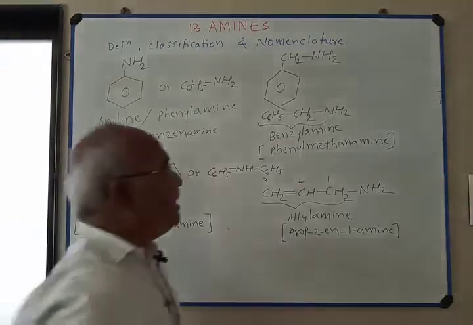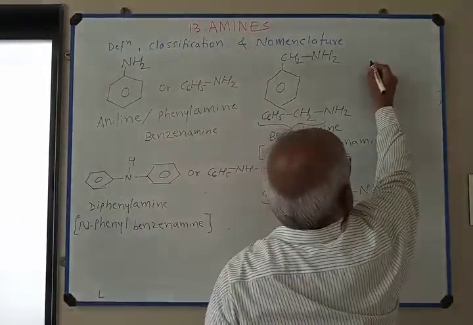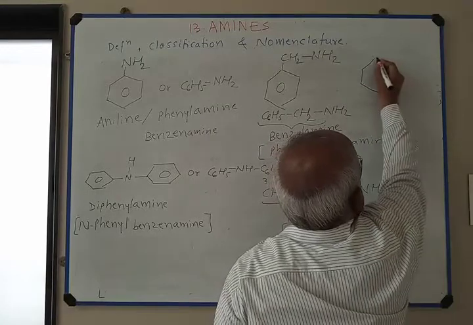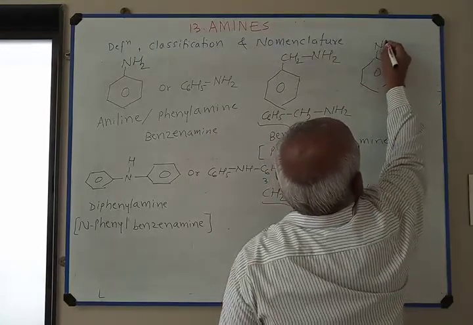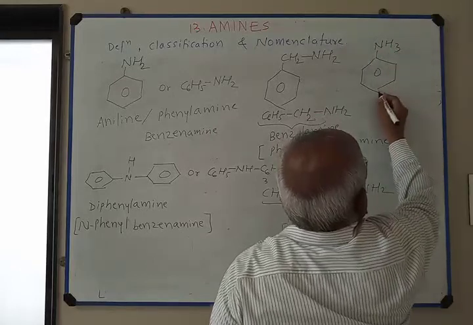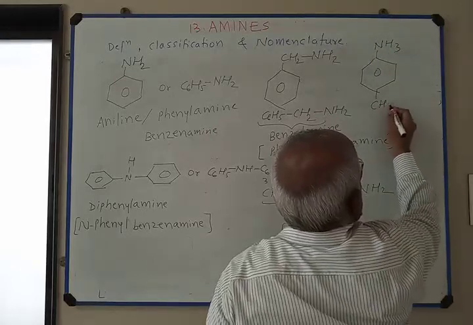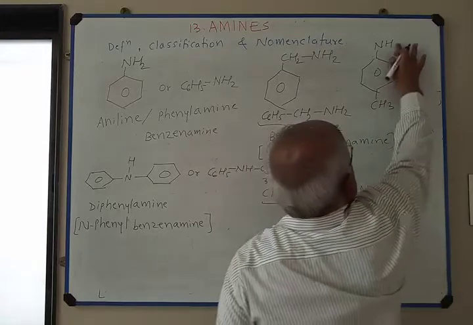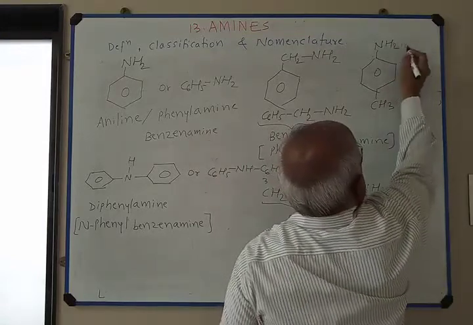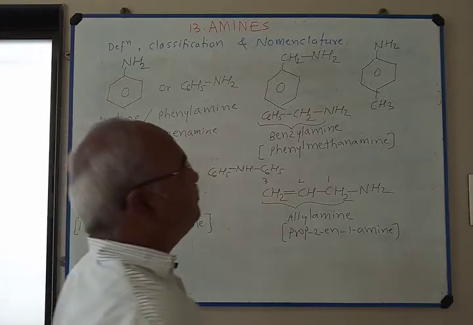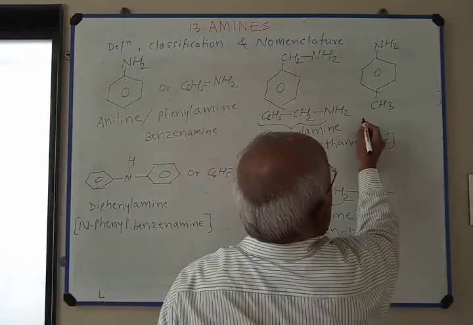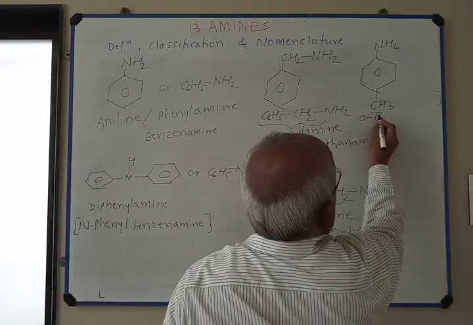Try to write the IUPAC name for this compound. Benzene ring, here is NH2 and here CH3. In common system, it is called orthotoluidine.